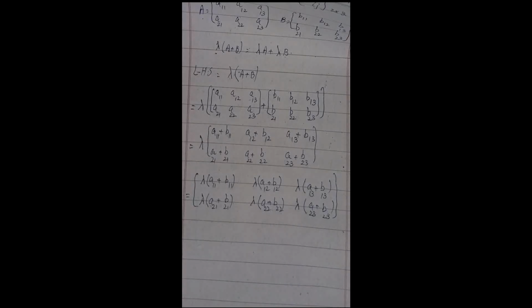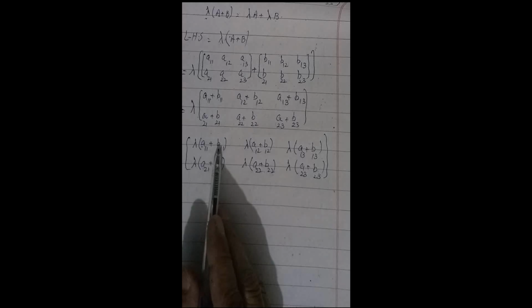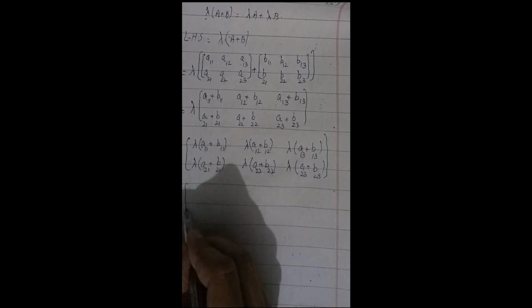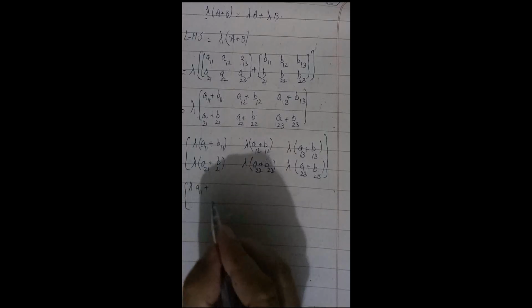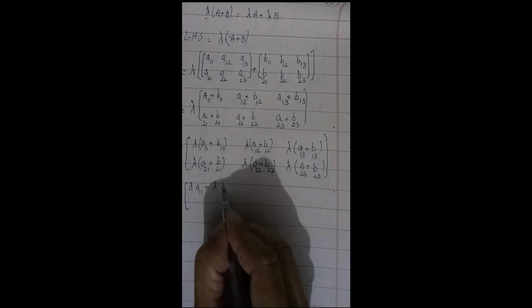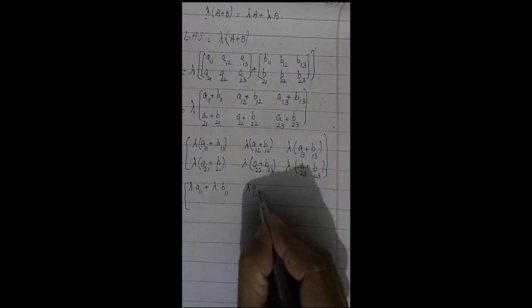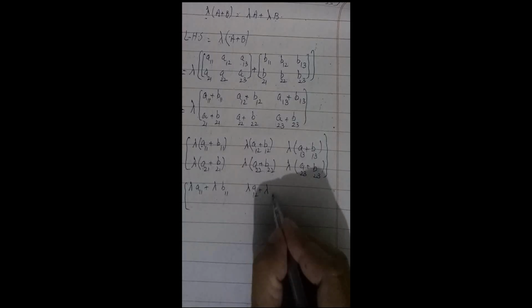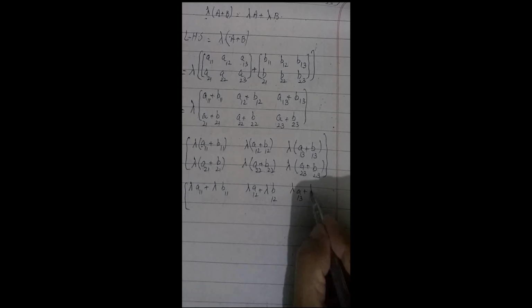Now we multiply lambda both with A11 and B11 and so on. We get lambda A11 plus lambda B11, lambda A12 plus lambda B12, lambda A13 plus lambda B13.